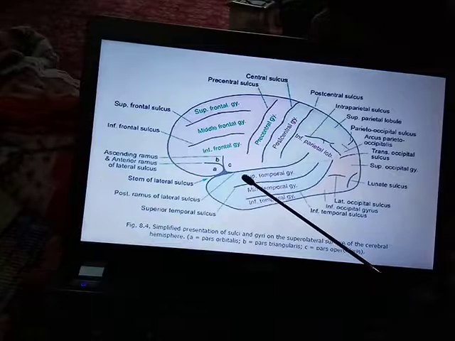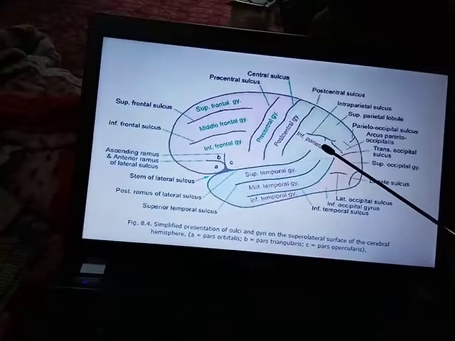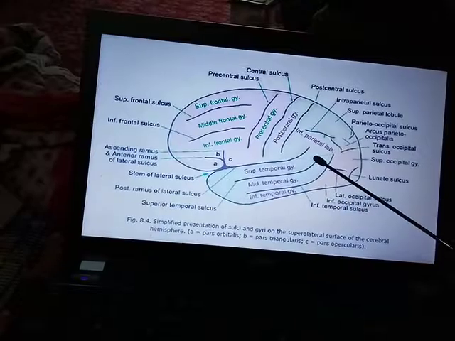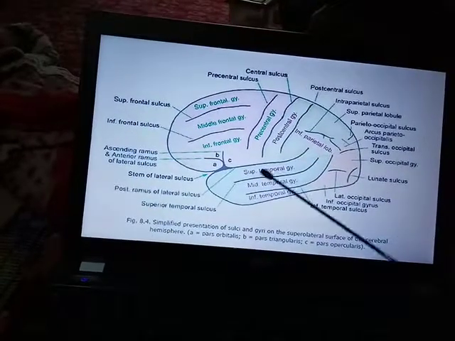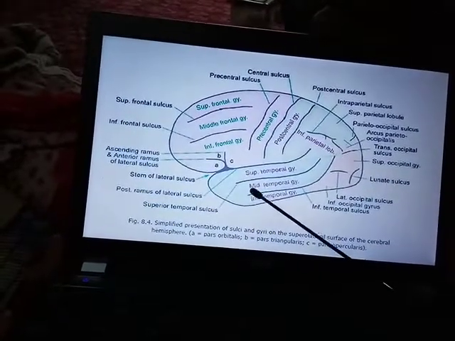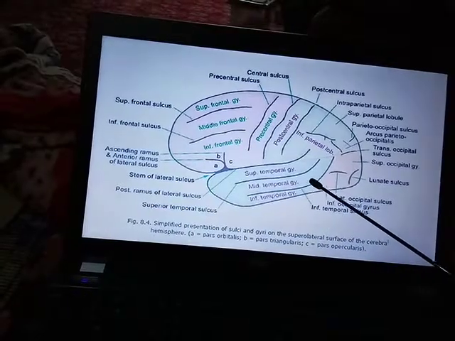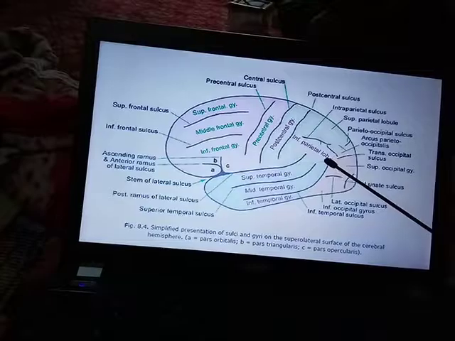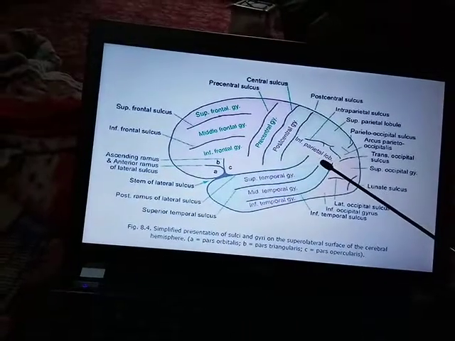Then the part of the inferior parietal lobule on the superior temporal sulcus is called the angular gyrus, and the part over the inferior temporal sulcus is called the arcus parieto-occipitalis.